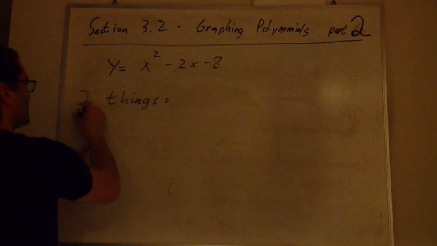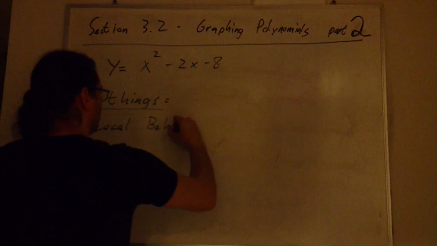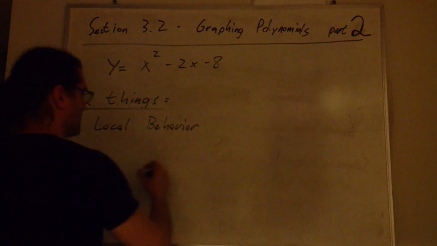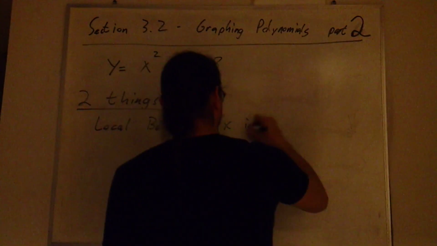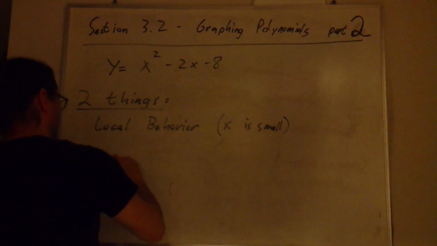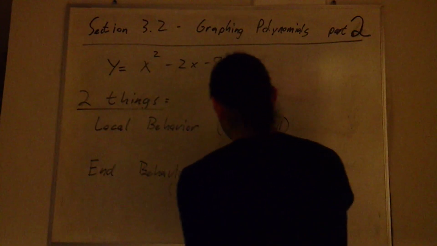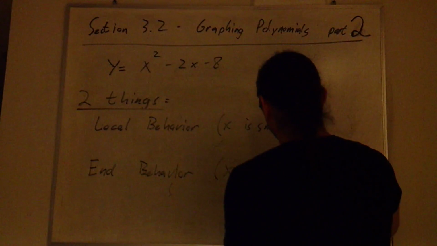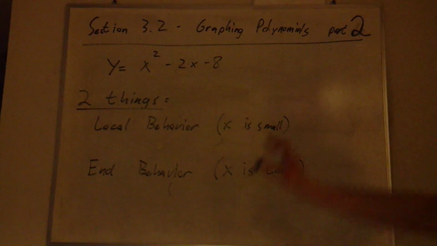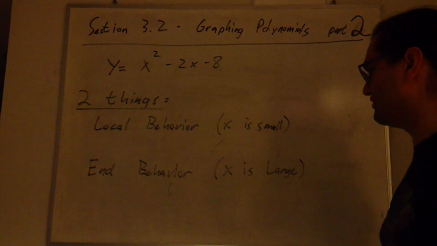The two things we need to think about are local behavior, which basically means when x is small, and end behavior, which basically means x is large. I'm going to start with local behavior because that's the more easily accessible of these two things.